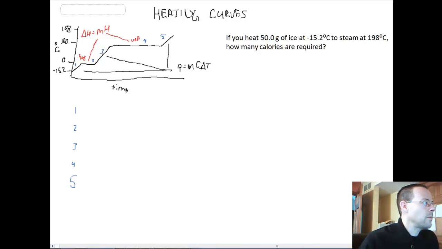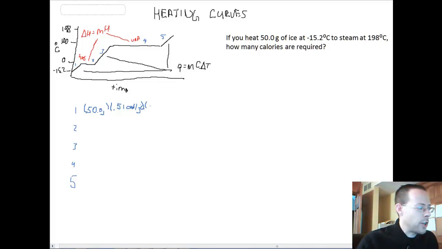For the first one, because we have a slanty line, we're going to use Q equals MC delta T. M is 50 grams, and the specific heat of ice is 0.51 calories per gram degrees Celsius.